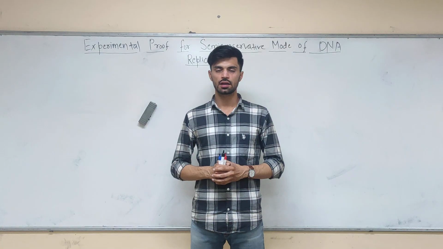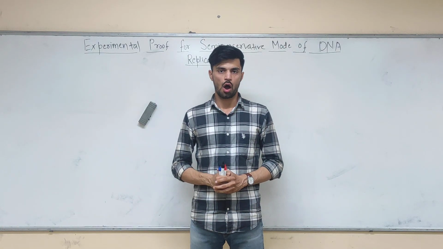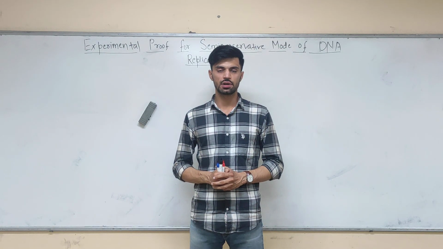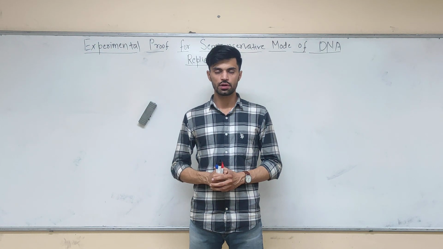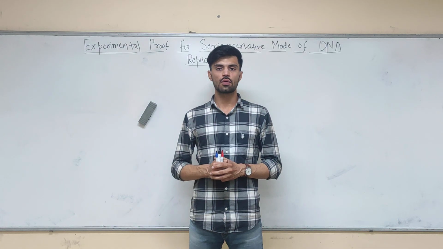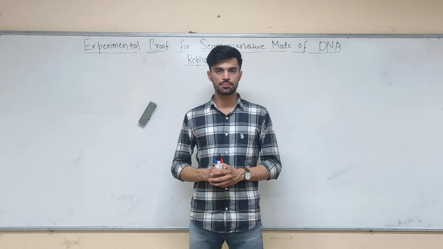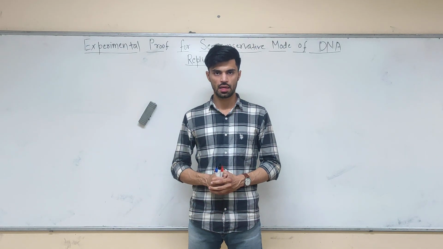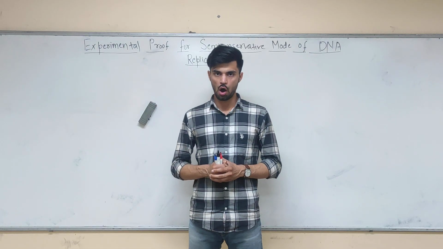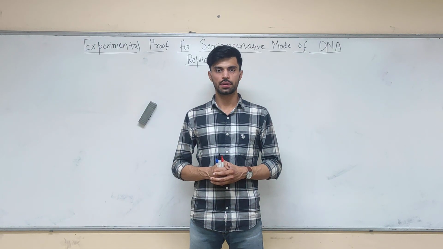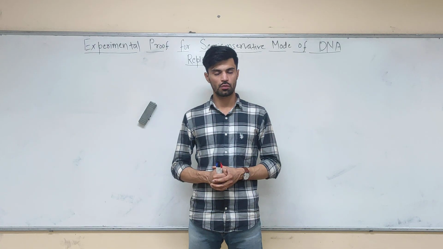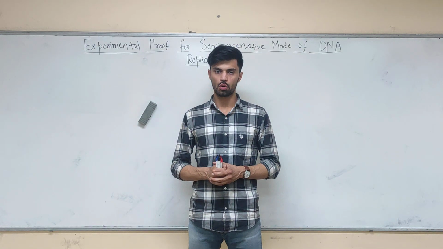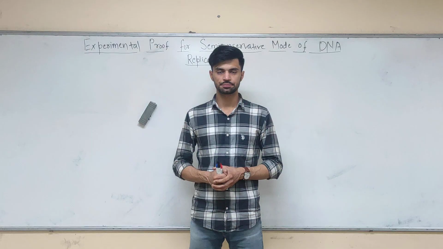In this experiment, we come to know how two American scientists, Matthew Meselson and Franklin Stahl, in 1958 experimentally proved that DNA replicates by the semi-conservative mode. How this process begins and how it ends, we will talk about in this video. Okay, so let's get started.